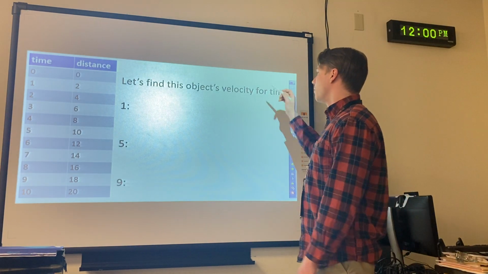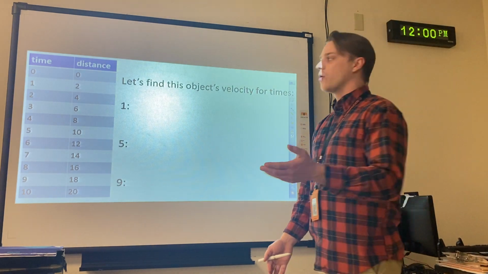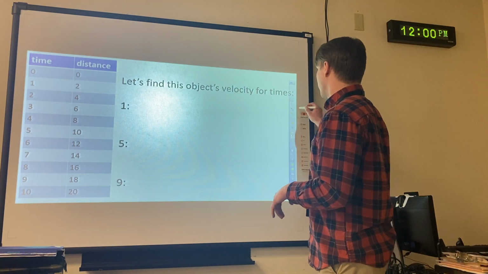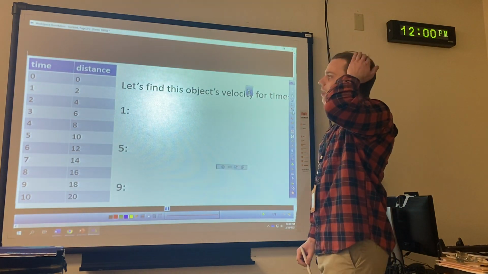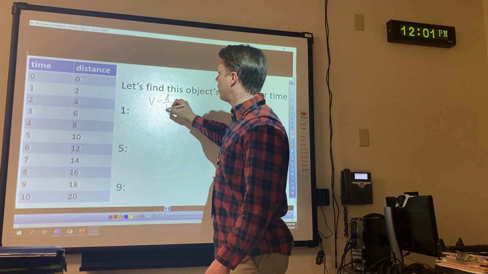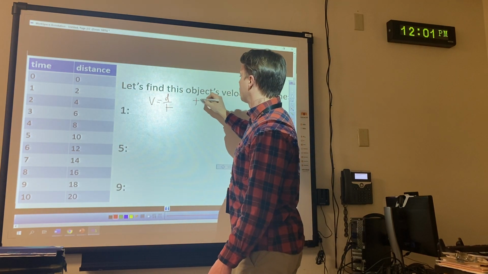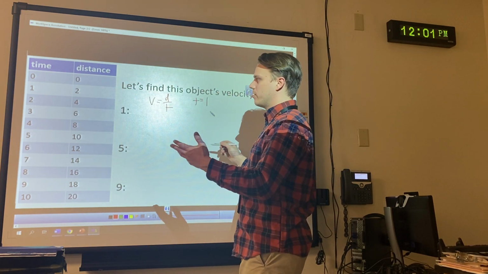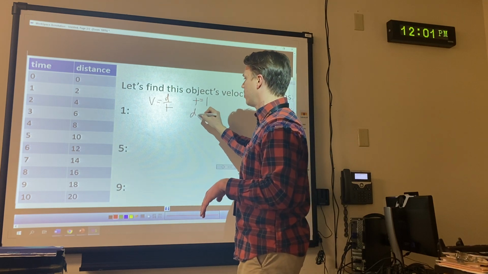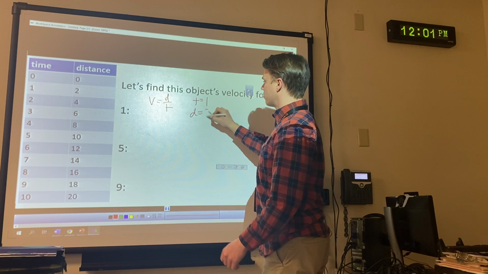So we're going to have multiple different times, and we're going to see if the velocity changes or if the velocity is constant. So, at time 1, v equals d over t. The time at time 1, obviously, t equals 1. We don't even have units for this because it's just an example. The distance equals 2.